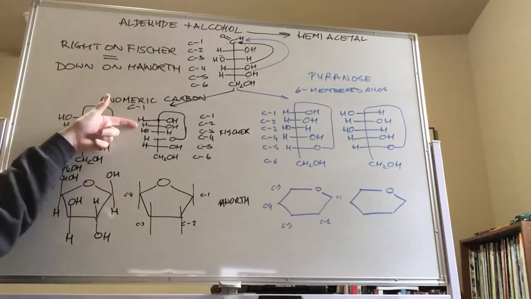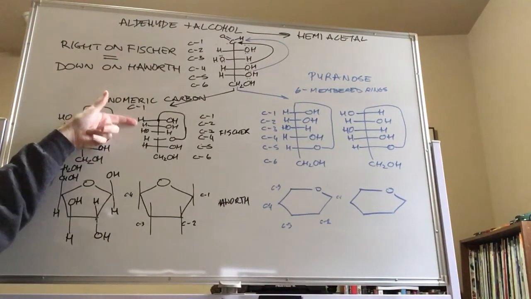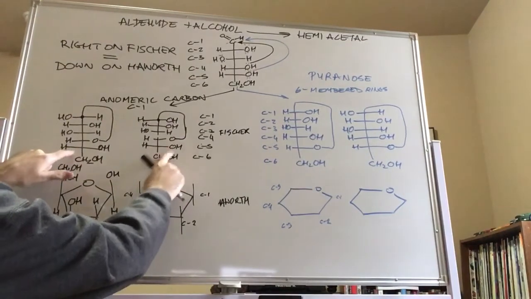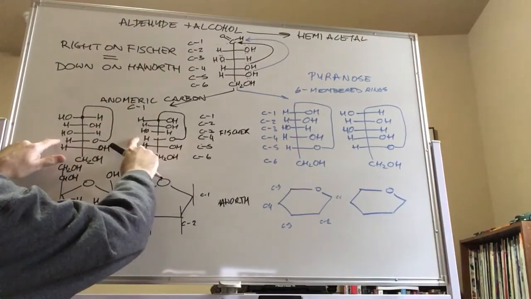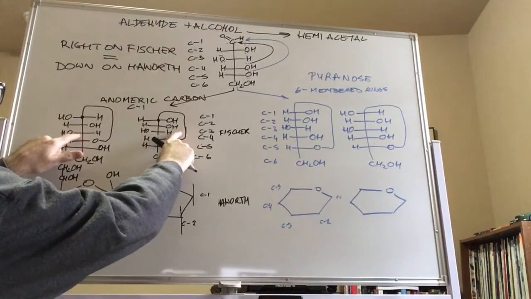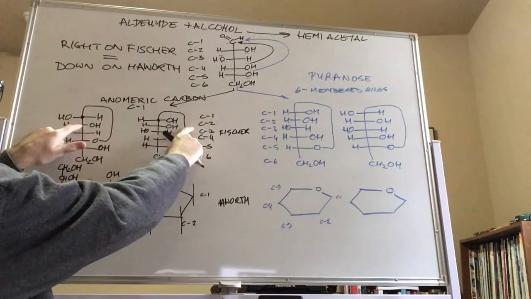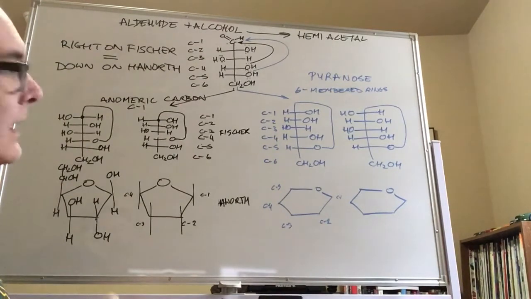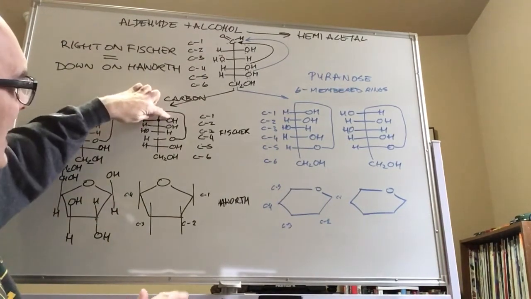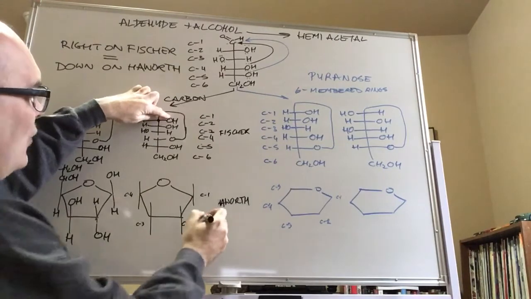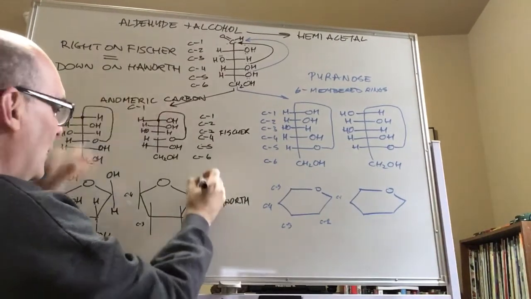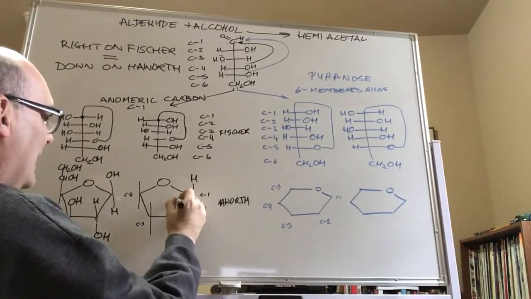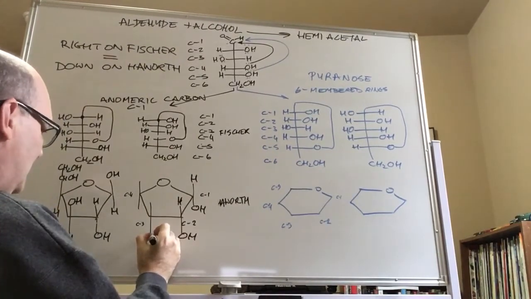Okay, if I look at this sketch, carbon 6 is the same, carbon 5 is the same, carbon 4 is the same, carbon 3 is the same, carbon 2 is the same, carbon 1 is different. Carbon 1 has the alcohol on the right hand side, which means it points down. But everything else is the same.